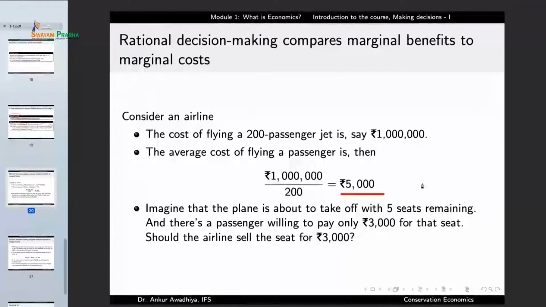And there is a passenger who is willing to pay only 3,000 rupees for that seat. Should the airline sell the seat for 3,000 rupees or not? If we think in terms of average, then we'll say no, we are selling the tickets on an average of 5,000 rupees, and this person is paying 3,000, so we should not sell it.